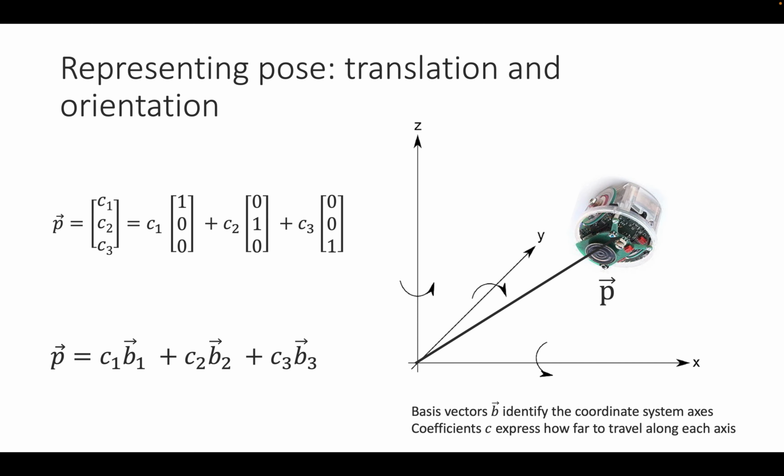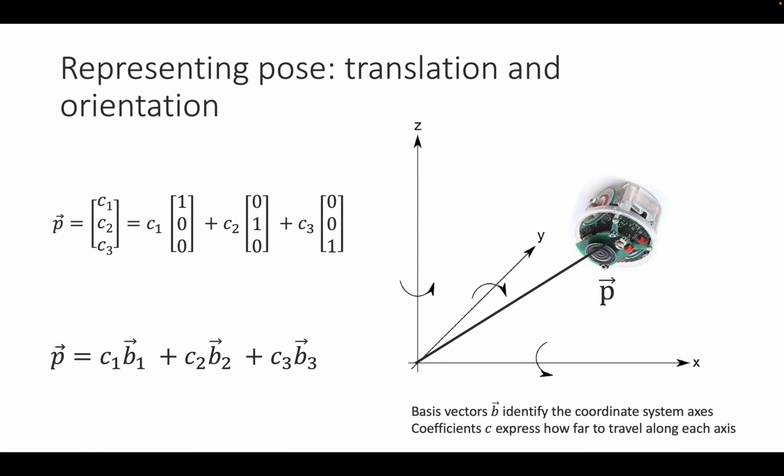In order to represent pose, we talked about that you not only need a vector that points toward the center of gravity of the object, but also an entire coordinate system that is mounted at the center of gravity and gives you the orientation of your robot.